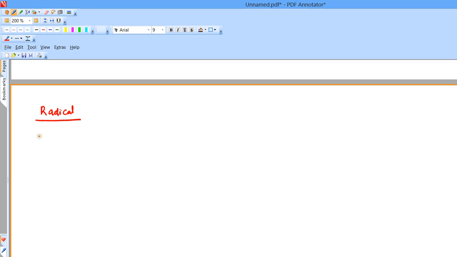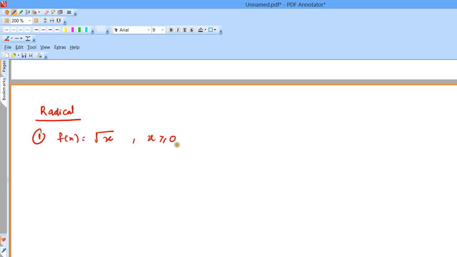The first example: if we have f(x) equals square root of x. For a radical, we need to know that we must put in a non-negative value. So we have a condition here: x must be greater than or equal to 0. This means the value under the square root must not be negative. If not, we will get a complex number.